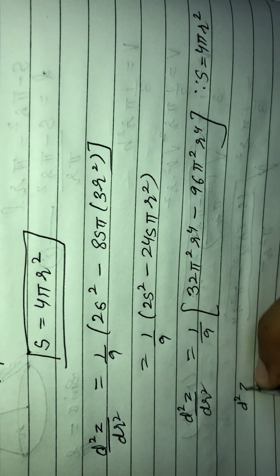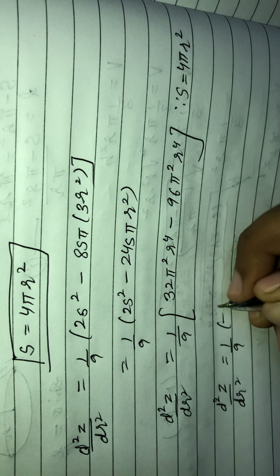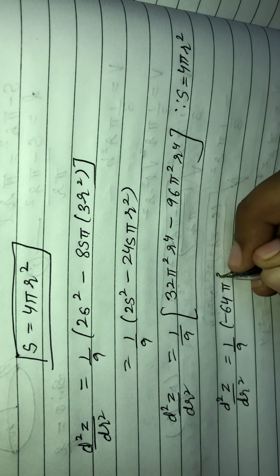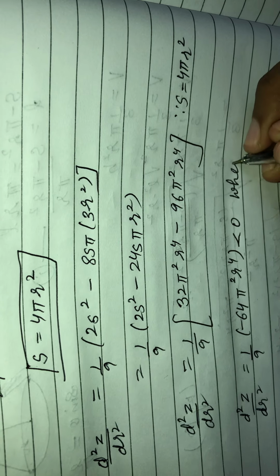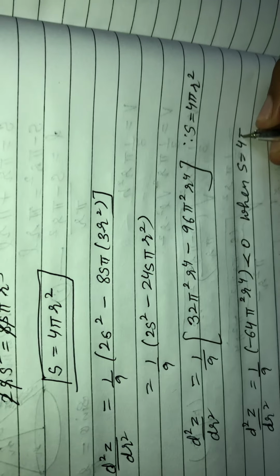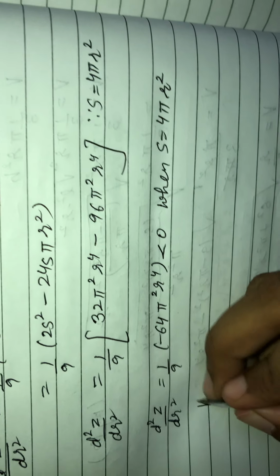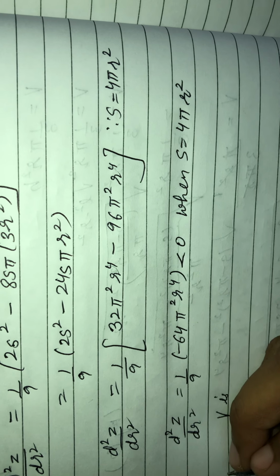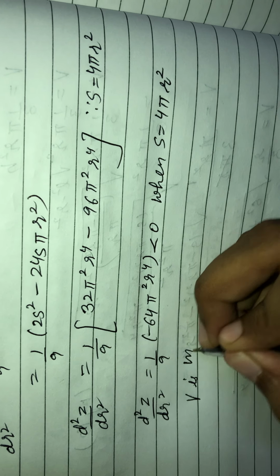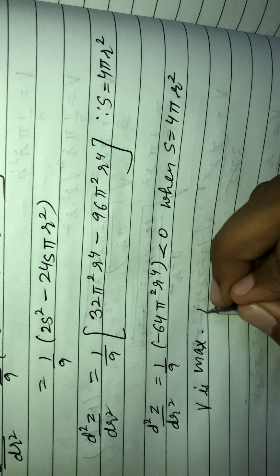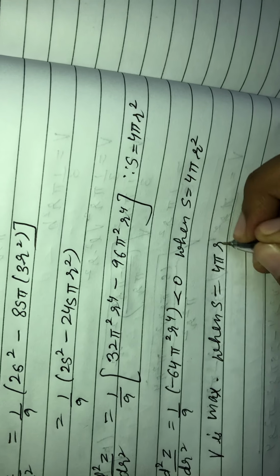So d square z upon dr square will give you 1 by 9 minus 64 pi square r^4, which is less than 0 when s is equivalent to 4 pi r square. So volume is, if z is maximum, then v square is also maximum. So maximum when s is equivalent to 4 pi r square.